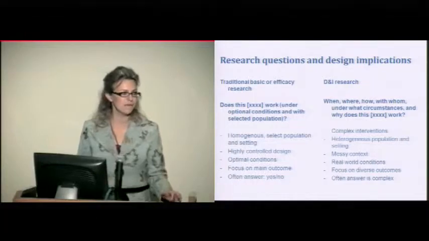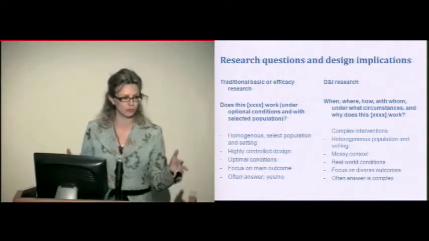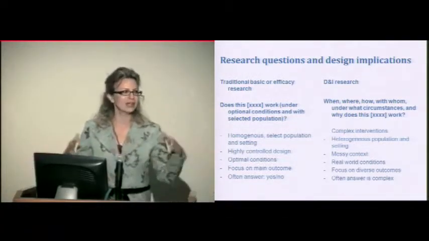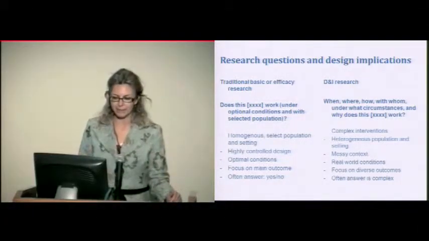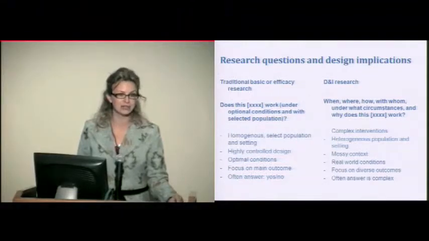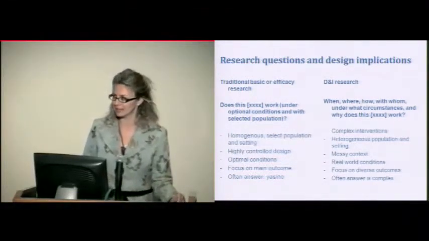The context is going to be messy. And we are not going to try to control for the context, but rather try to account for it. So rather than getting it out of the picture, trying to understand it and measure it. And we are going to focus on diverse outcomes that are able to answer this very question. Finally, the answer will be obviously more complex.